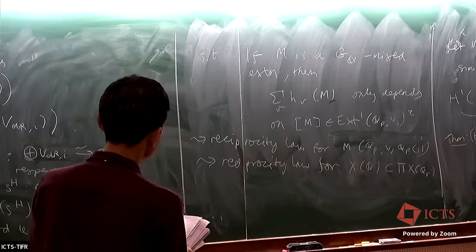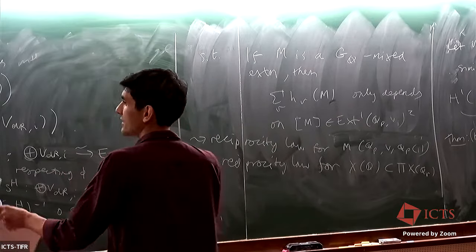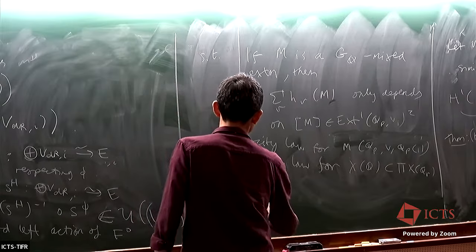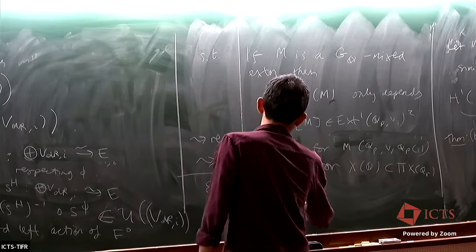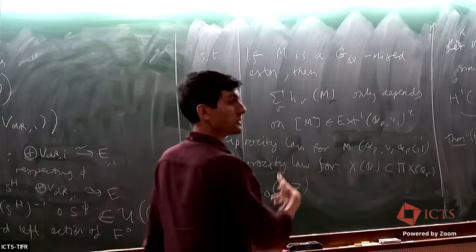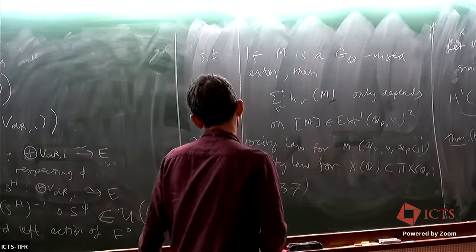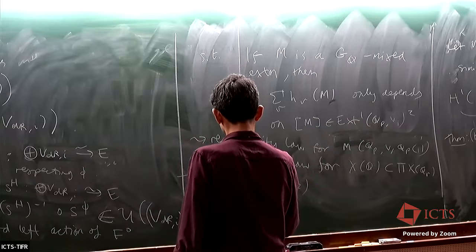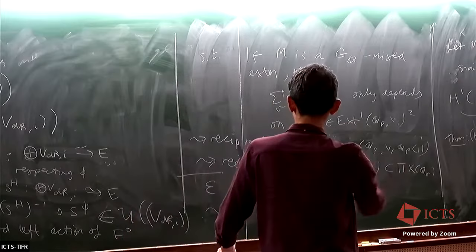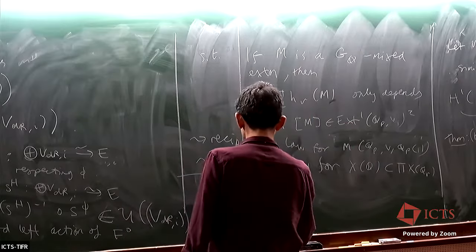So maybe just the very last thing to say is that if we take this example, which I did at the beginning, the connection E on X_0(37), this actually defines a filtered phi-module with graded pieces Q_p(V) and Q_p(1). And the reciprocity law that you get from this, it turns out there are no other local terms, so the height pairing just involves this, gives an equation.